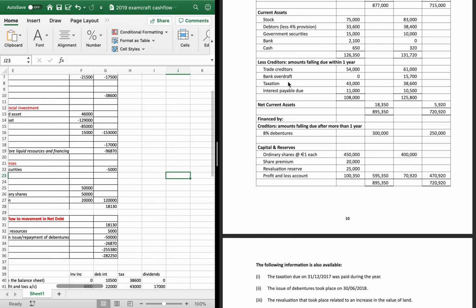If we look at our bank, the amount in our bank has gone up from 0 up to 2,100. So that's an increase of 2,100. Our cash has gone up by 330.